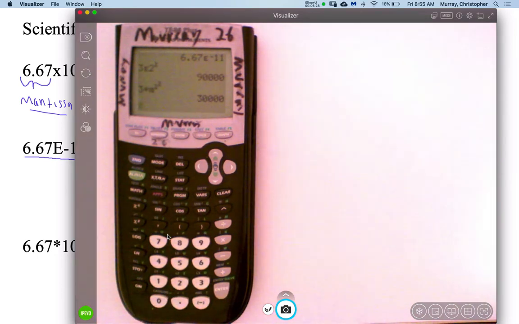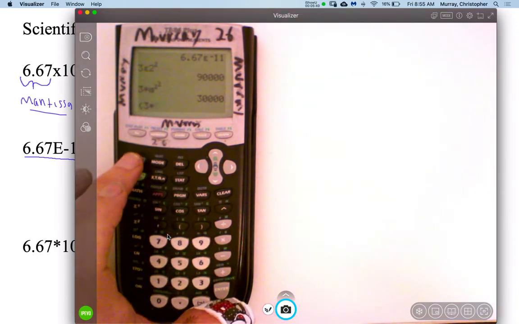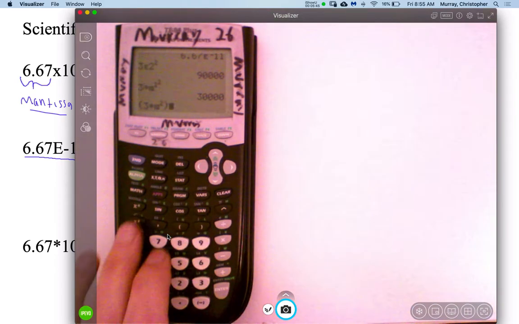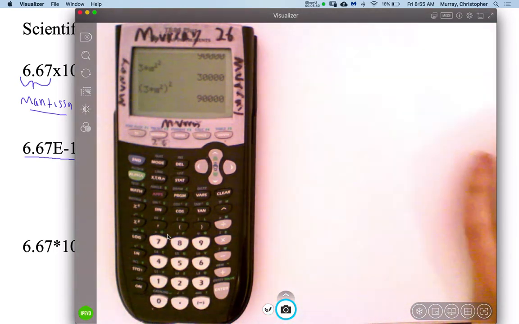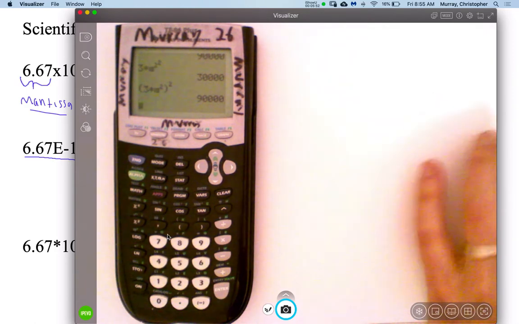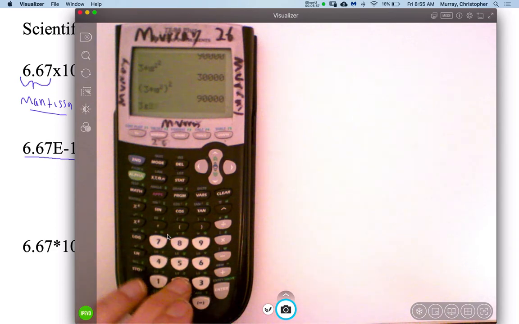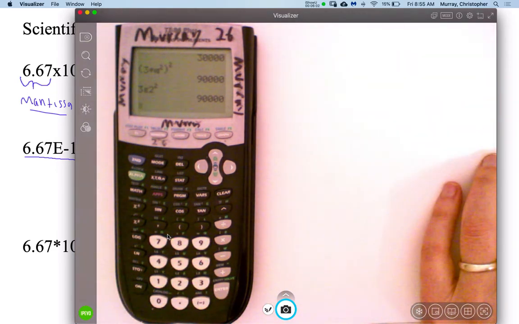It only squares the 10 to the 2, right? 10 to the 2 is 10,000, 3 times 10,000, right? It doesn't square the 3 part of it. I would have to go 3 times 10 to the 2, squared, to get it to be the whole number. And then, of course, it's going to work. The parentheses would force it to work. But that's working way too hard. This is so much easier, right? 3e2 squared. So there it is, right? Now, if you're just paranoid about that, go ahead and use parentheses. I'm just saying, okay?